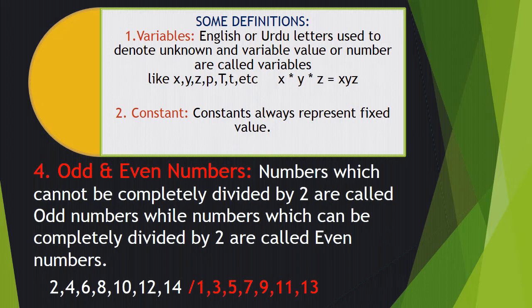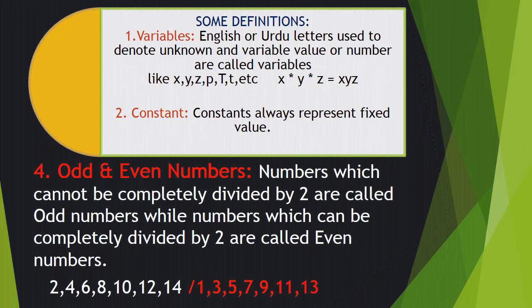For example, here 2 is a number, it can be divided by 2. 4 is a number which is completely divided by 2. 6 is also completely divided by 2. 8 is a number. 10 is a number. All these numbers with the gap of 1 are completely divided by 2, so they are even numbers.